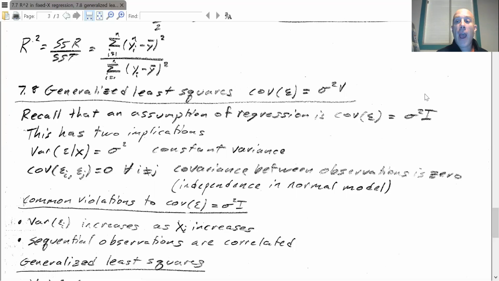Also, because the off-diagonal is 0 in this matrix, we're saying that the covariance between the residuals on observations is always equal to 0. And so we have 0 correlation. If I'm doing the normal model, then I get independence between residuals for free.